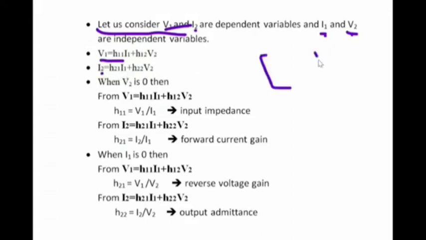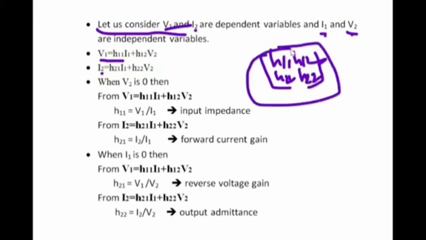If we arrange this in matrix form, H11, H12, H21 and H22, we can derive these two variables V1 and I2 by multiplying this matrix with V2 and I1. So we can find the values of V1 and I2.